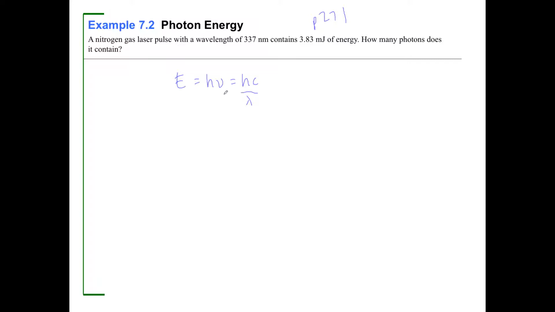So these are both true. And so, if my wavelength is equal to 337 nanometers, and I'm going to write this in meters right away, that would be 337, watch this, nanometers.